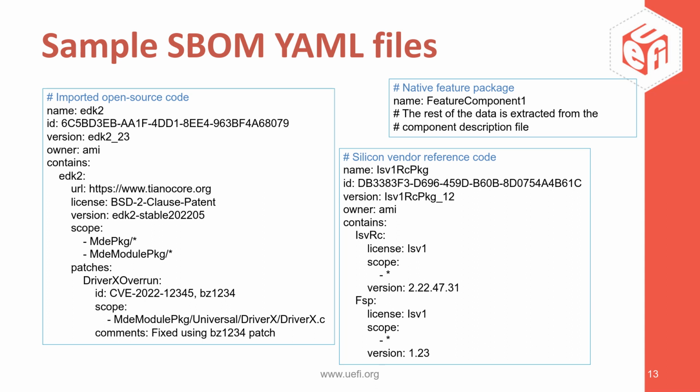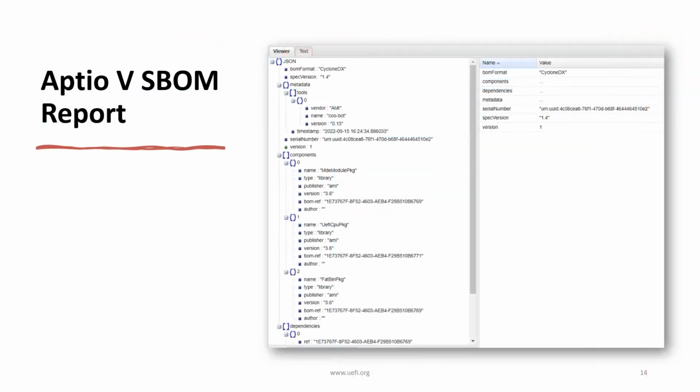Usually for the imported component you have to provide a little more information, but for the native component your YAML file can be as short as this, a one-liner in the right corner. You just need to specify essentially the name of your component, and then the rest can be extracted by the tool from the code base. And then the result is, as I mentioned, in the standard CycloneDX format.